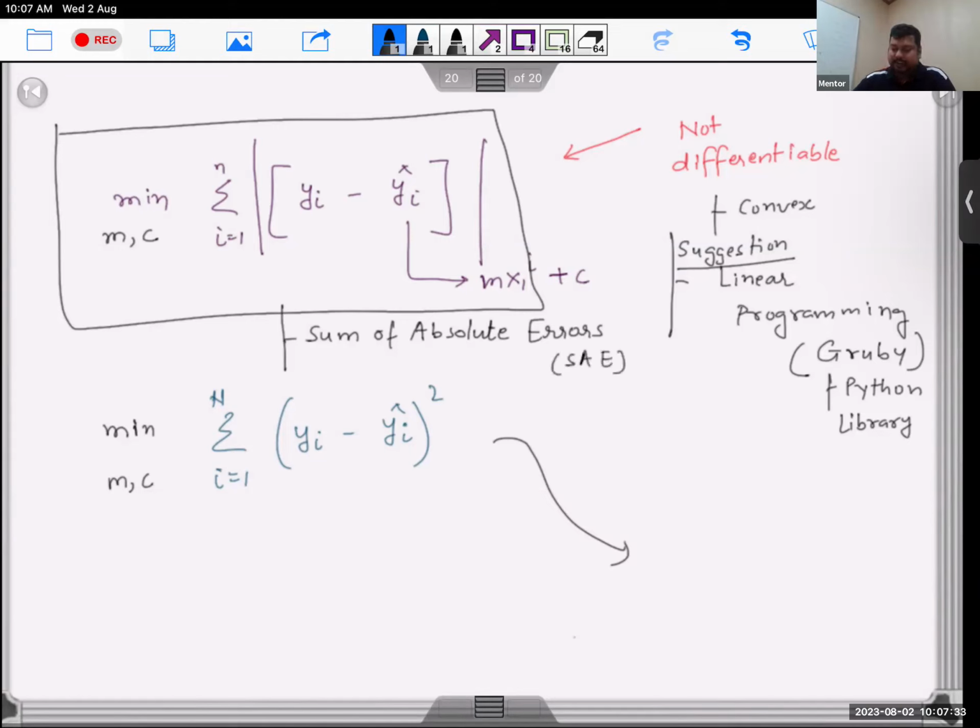If I put a 1 by n in front of SAE, can I call it mean absolute error? These are the things that we have seen in k-nearest neighbors also. They were evaluation metrics. Okay. What would you call this function then?